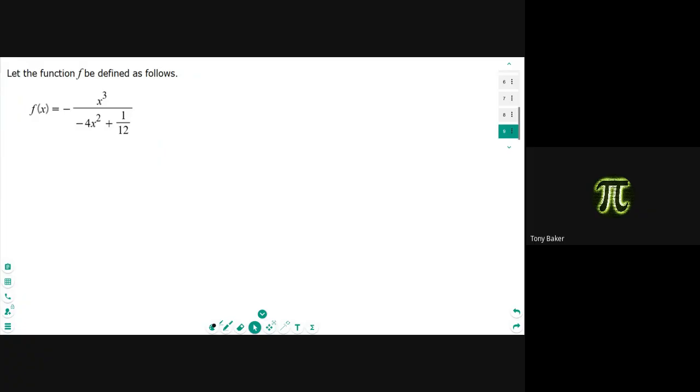Find my derivative. Yeah, the whole concept of finding derivatives isn't going away. You're going to do this constantly.